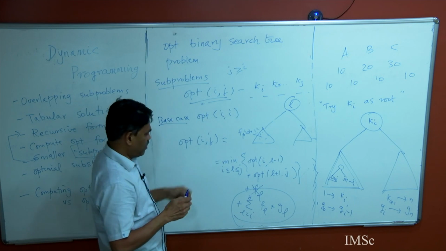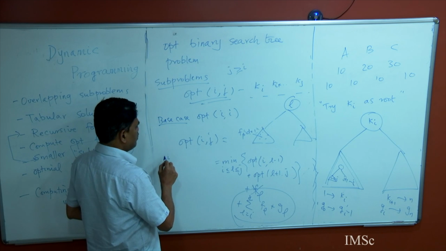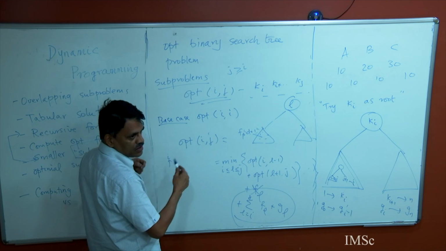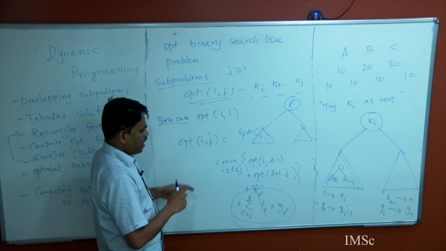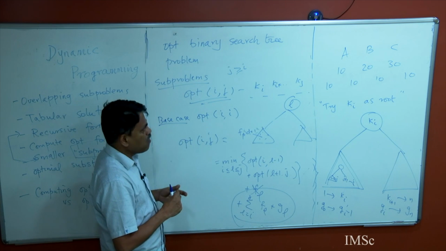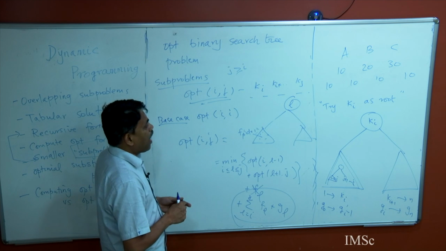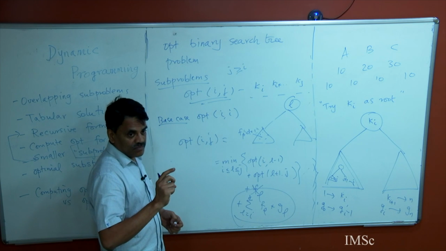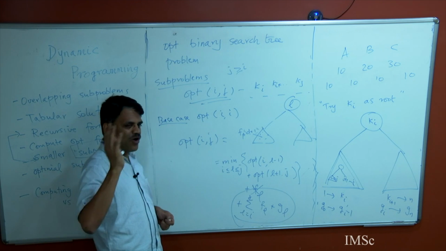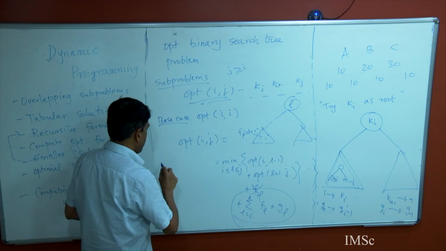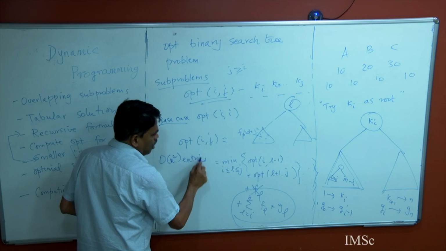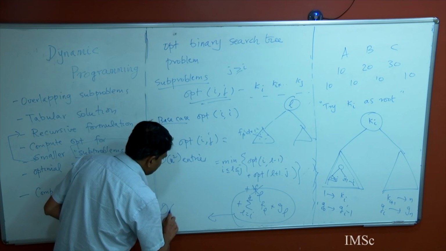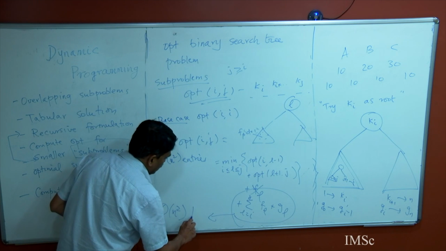No? You fix a first i, there will be at most n. So, n square such things, but it will be order n square entries. Order n square to compute this is a one-time thing.